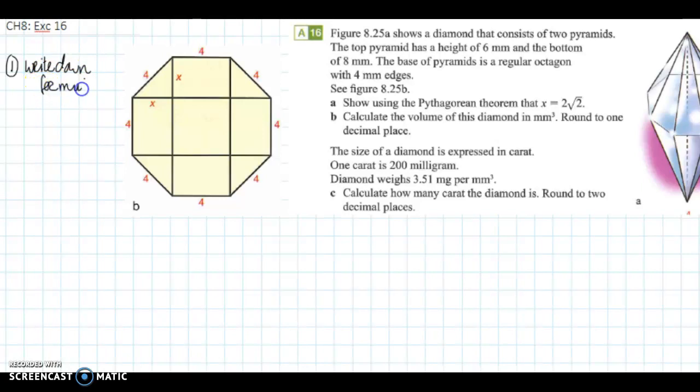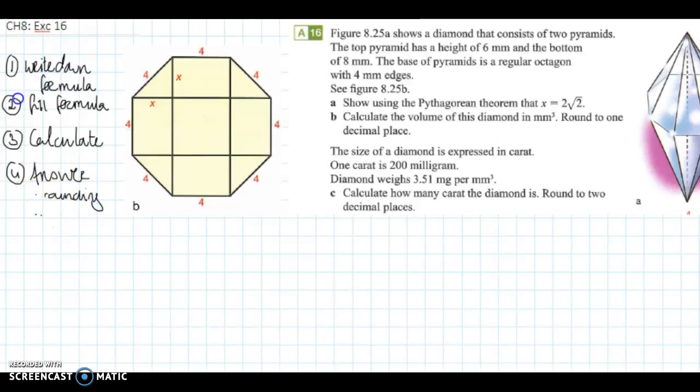The second step is that we're going to fill in the formula. The third step is that we're going to calculate. And the fourth step is that we're going to answer the question and pay attention to rounding, the units, and the English sentence. Okay, so the first step here is we're dealing with two pyramids.